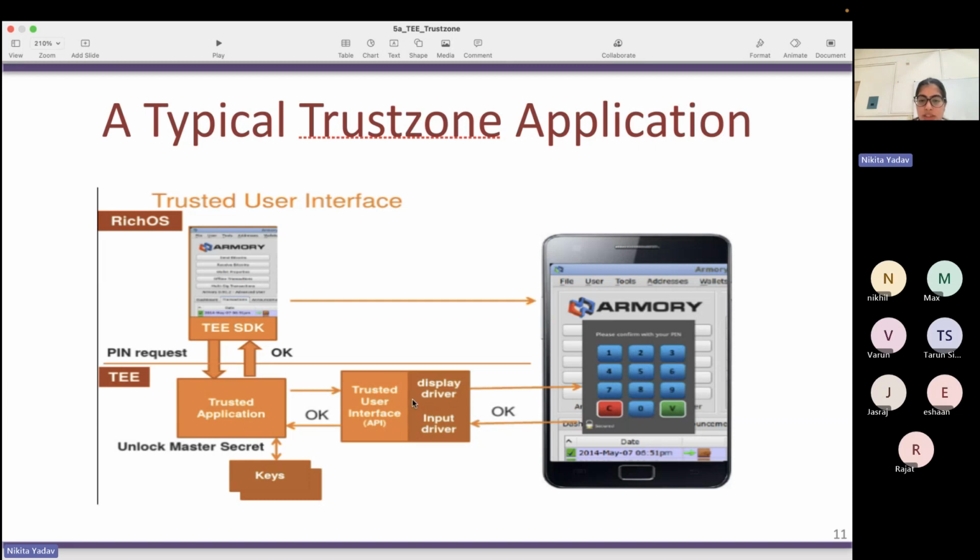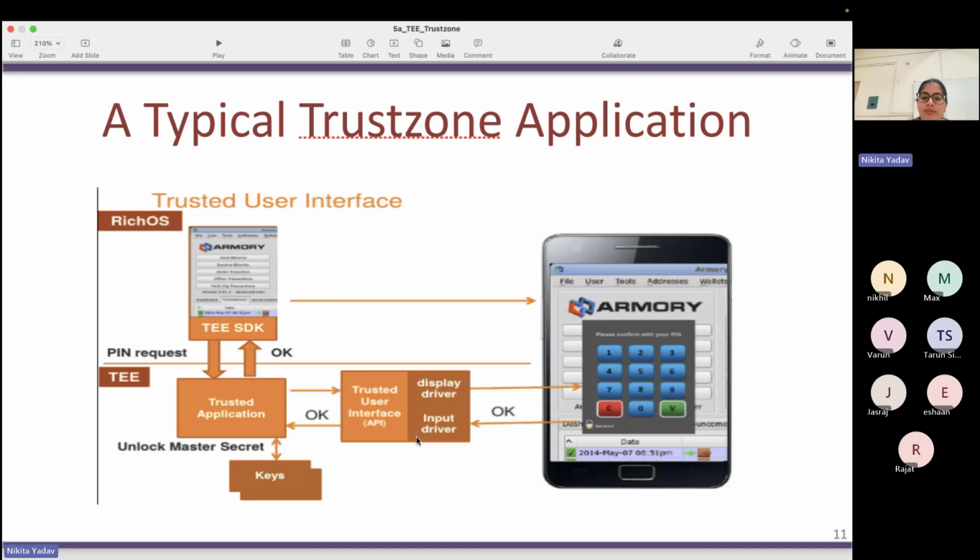When this trusted application is invoked, whatever input you enter on your display is only accessible by this trusted application. So the display driver is going to take that and pass that input to your trusted application. Okay, so that is your system configuration.